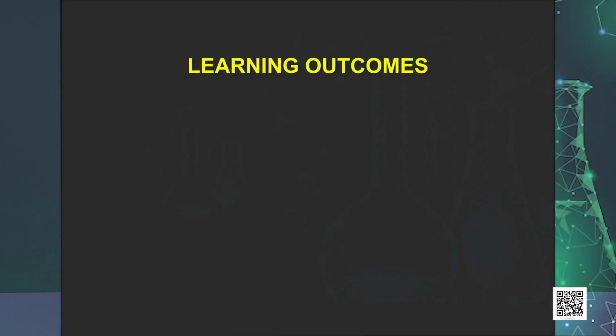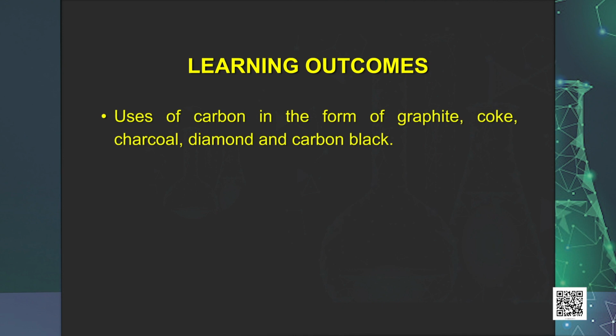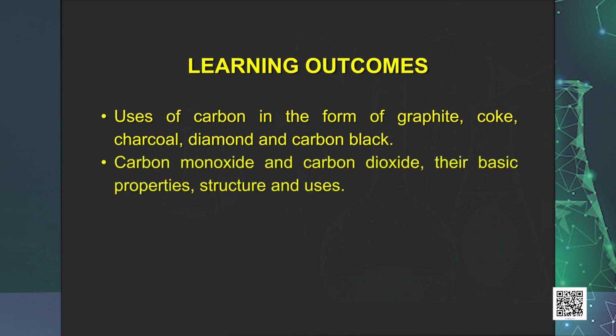In this last session, we will study about some of the uses of carbon in the form of graphite, coke, charcoal, diamond and carbon black. We will also learn about carbon monoxide and carbon dioxide, their basic properties, structure and uses.